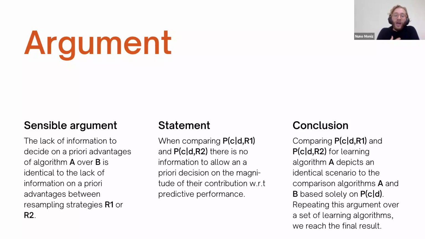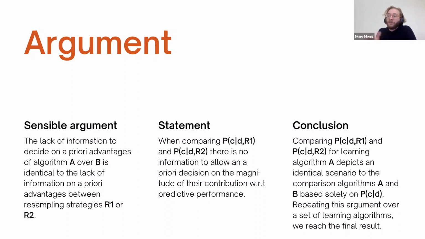So we don't have any a priori information that can tell us if a data set produced by resampling strategy 1 or the data set produced by resampling strategy 2 will provide any sort of advantage between them. So what we state is that when we compare these two probability functions, there is no information that will allow us to decide between them concerning predictive performance.